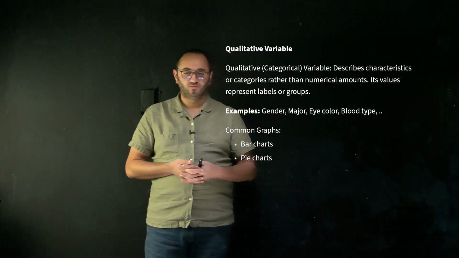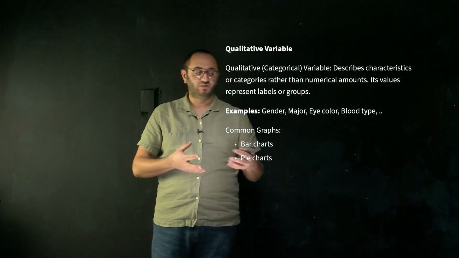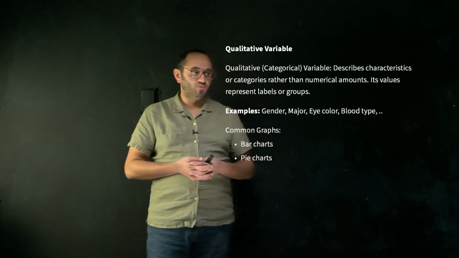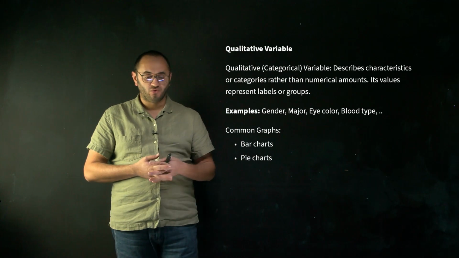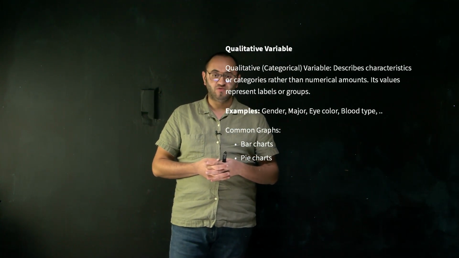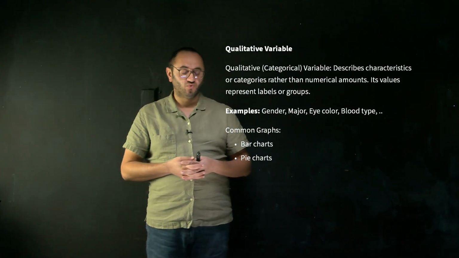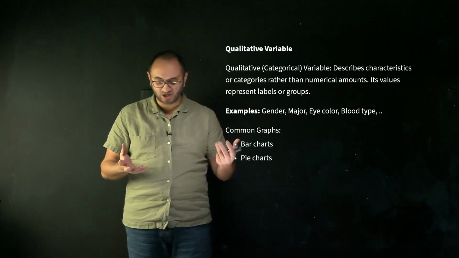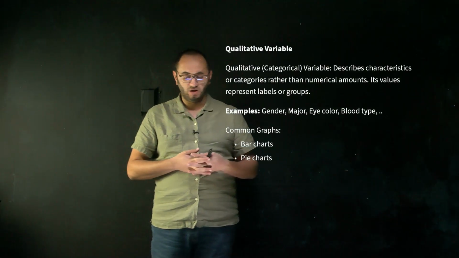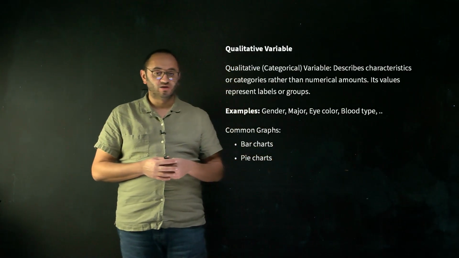For example, if I ask you what is your gender, what is your major, what is your eye color, those are examples of categorical or qualitative variables. So in this kind of variables, we can create a pie chart or bar chart to make a summary of this variable.